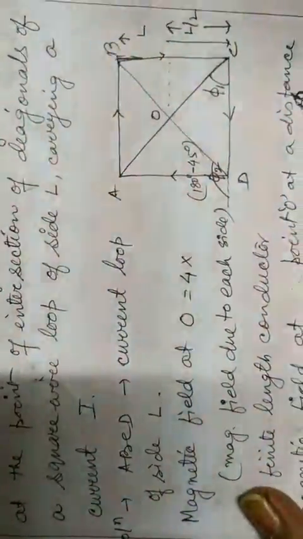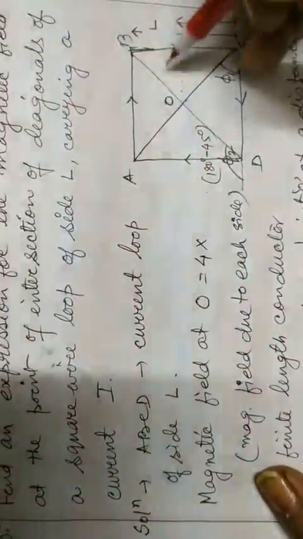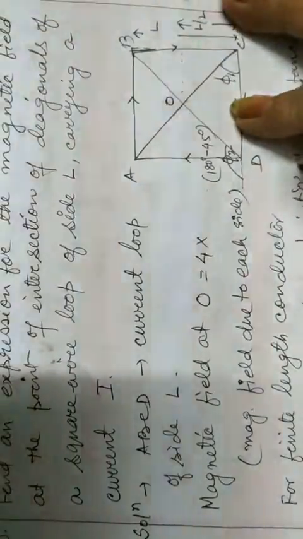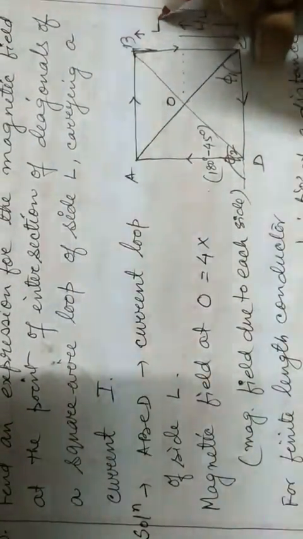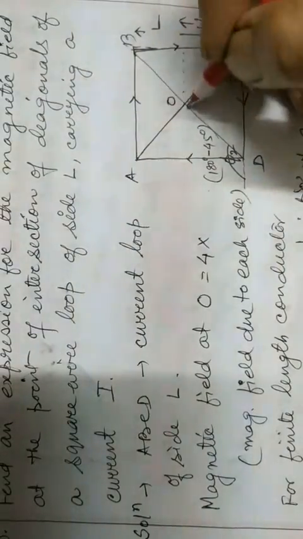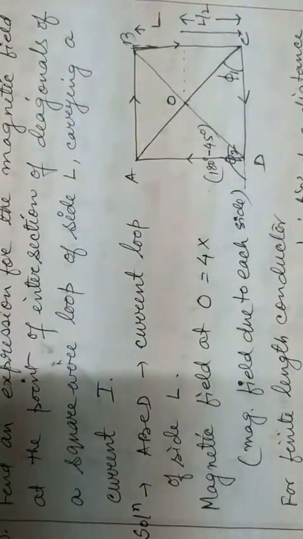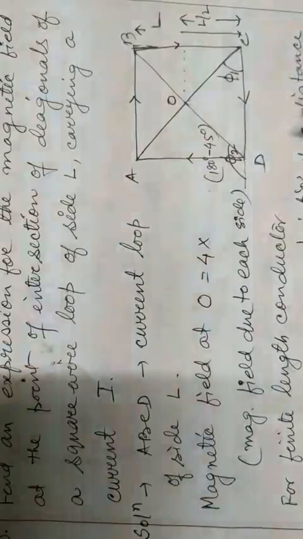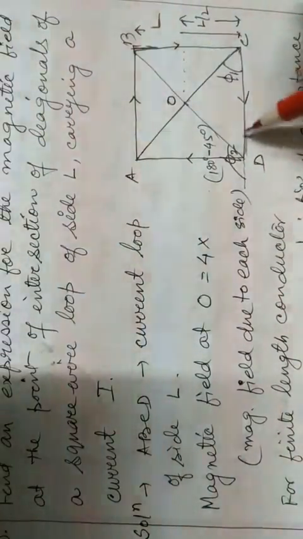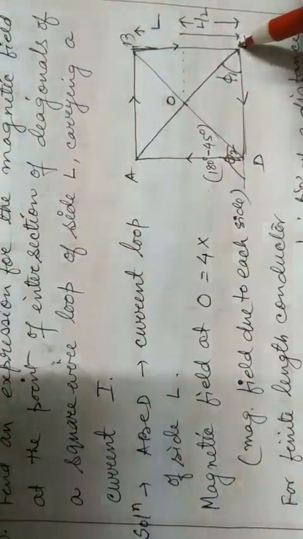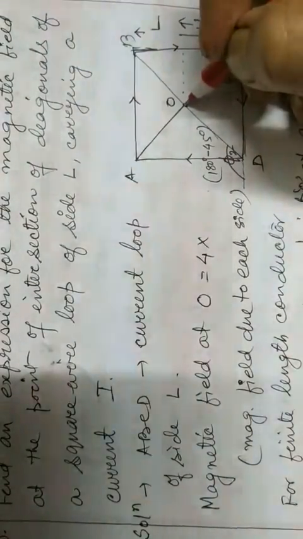Okay, now here is one sum. A wire has been made into a square loop of side L. Then at the intersection of the diagonals, what will be the magnetic field? For one side, what will be the magnetic field at O?